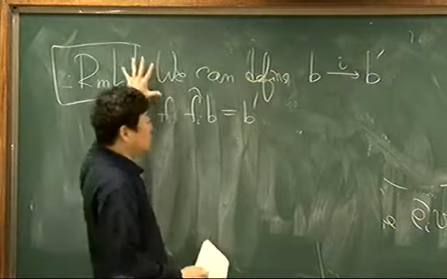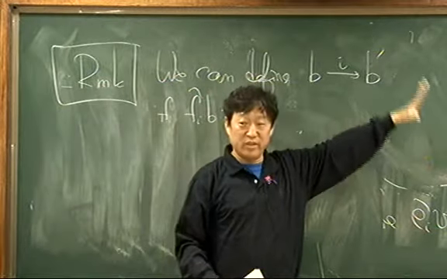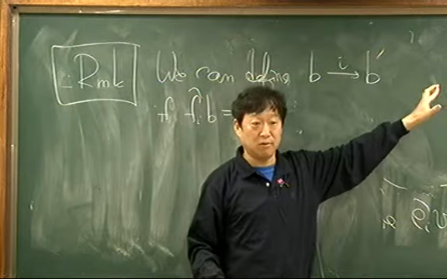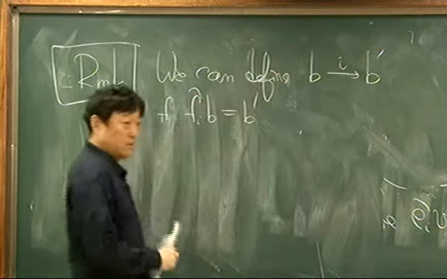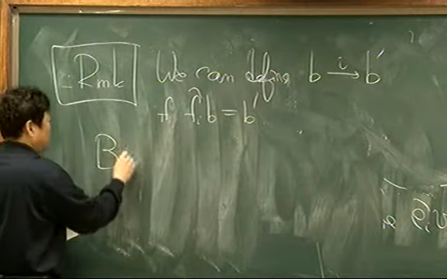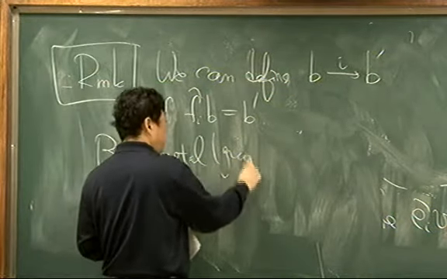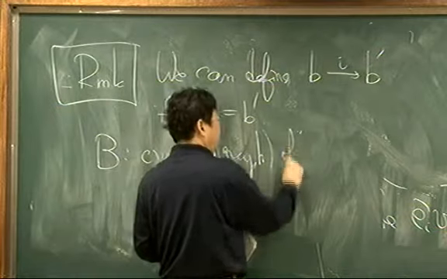So the set B with this graph structure is called the crystal graph of V_q(λ). Okay? So we can say B is the crystal graph of V_q(λ).